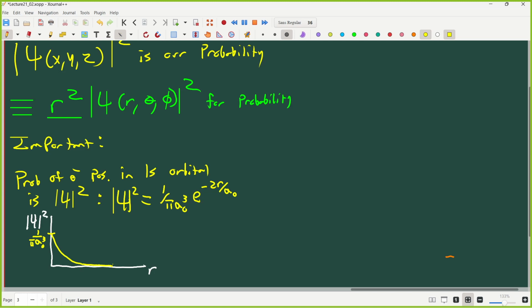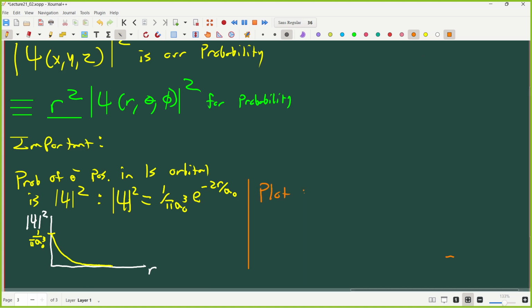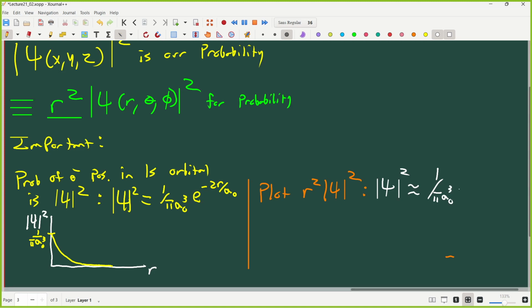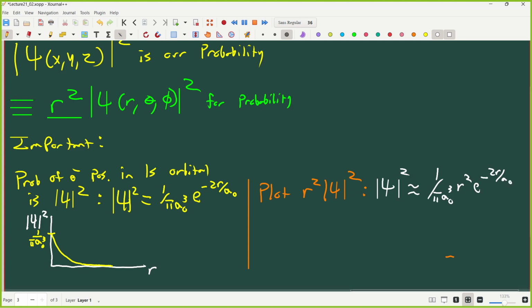Okay, but now what if I instead do r squared psi squared, sorry. What if I instead plot the proper thing, which is r squared psi squared? So the only difference now is psi squared looks like 1 over pi a naught to the third, r squared, e to the minus 2r over a naught.